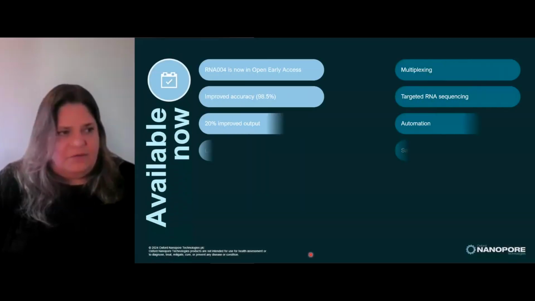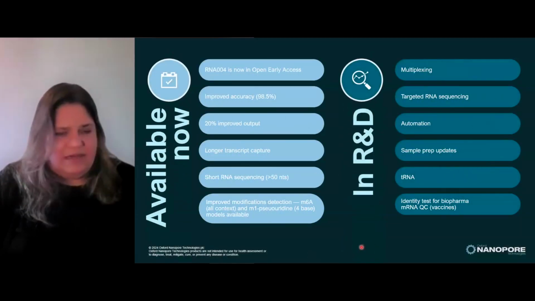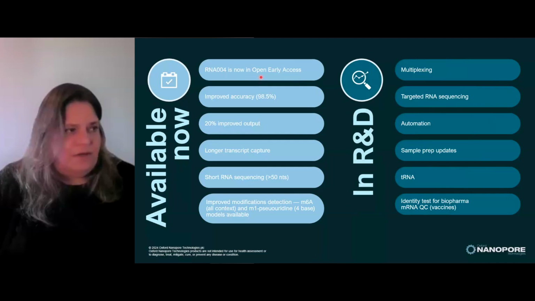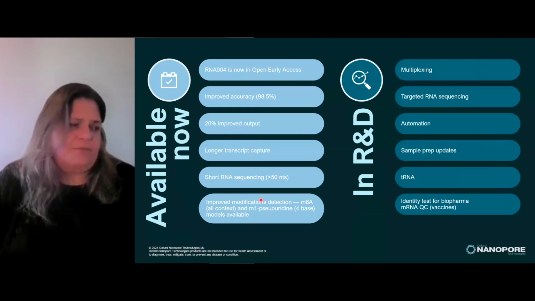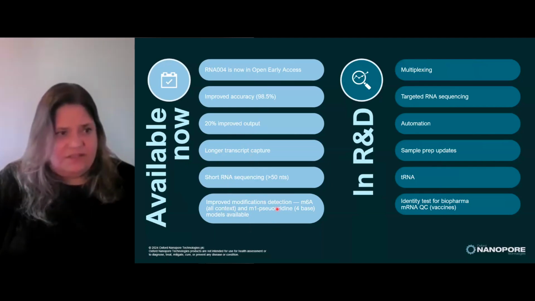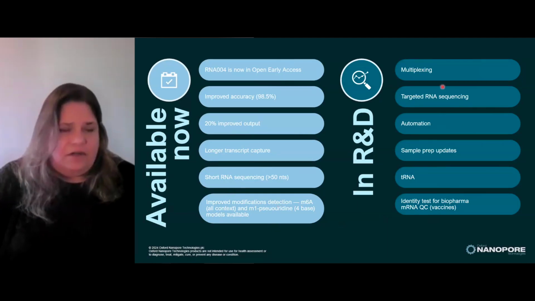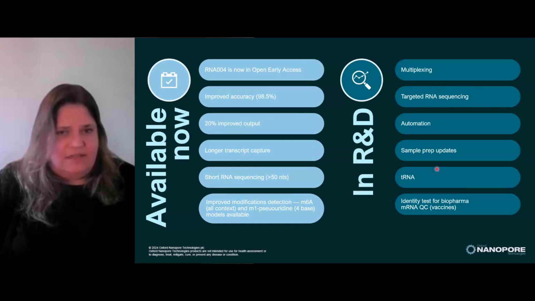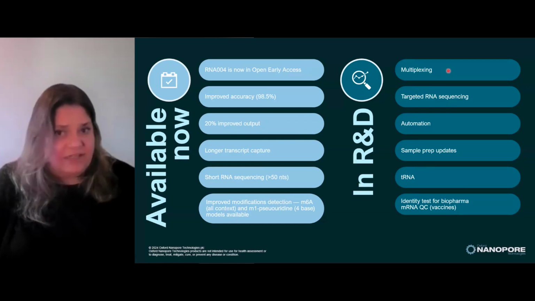And just to give you an overview, what's available now. So I've gone through RNA4, the improved accuracies, the improved output. We got longer transcript capture, short RNA sequencing, and more modifications. Just out of the normal data that you get from the machine, you get all this information. We are currently working on what's in R&D, our multiplexing, which I know everybody's very interested in. We are actively working on it.